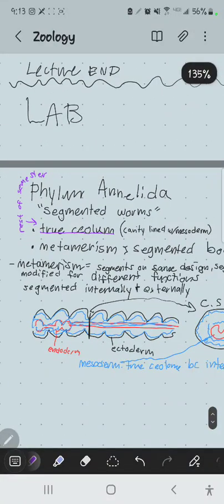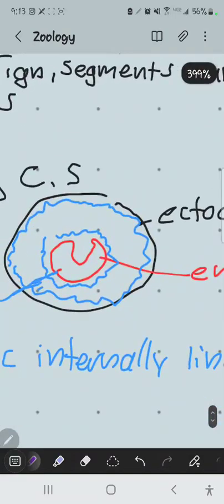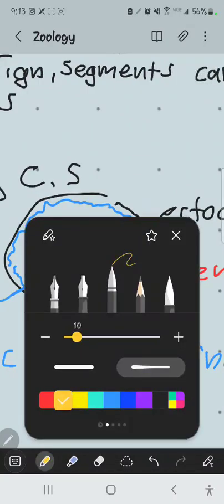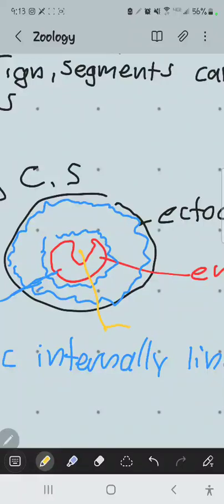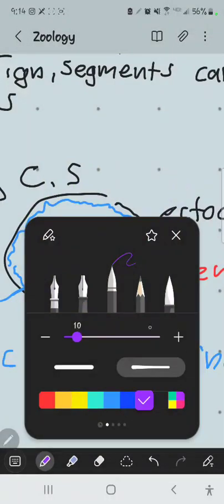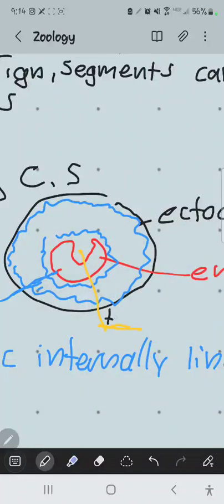And that's this structure here, this little tonsil looking thing called a typhlosole. I'll mention that again when we do this section. But it's basically an internal increase in surface area of the intestinal tract for digestion.